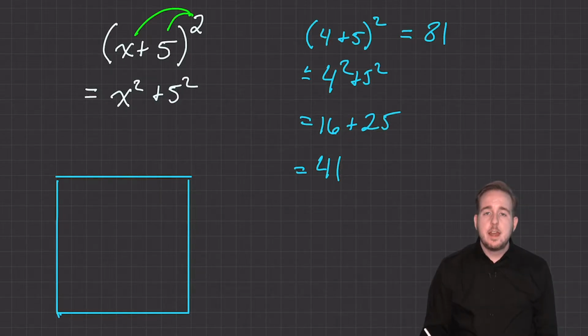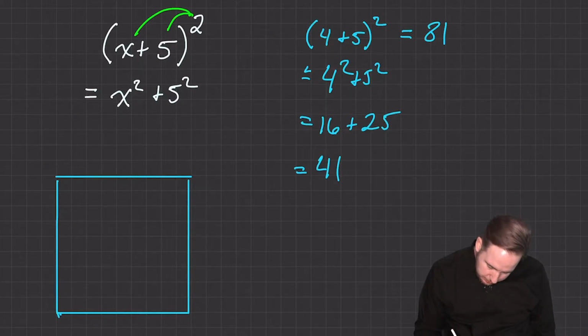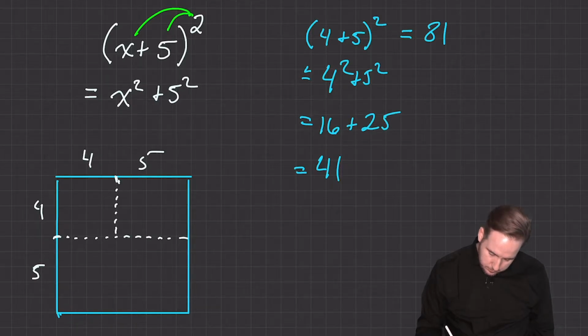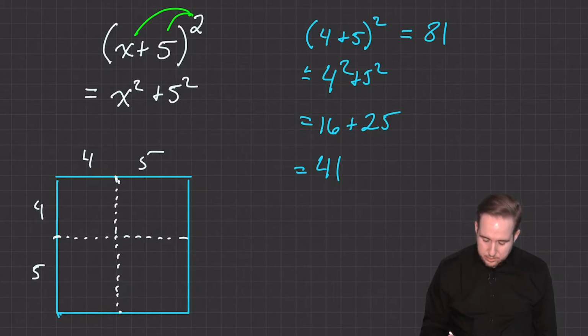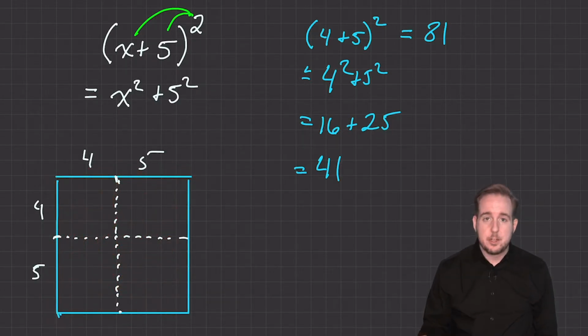Okay? So now, when I multiply, let's put a little 4 there. This is 4, and this is 5, and this is 4, and this is 5. So when I do 4 plus 5, 9 squared, I am doing 9 times 9, and I'm getting all 81 of the squares in this picture.